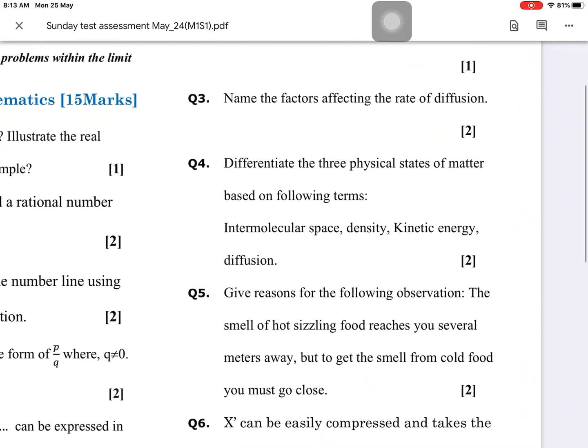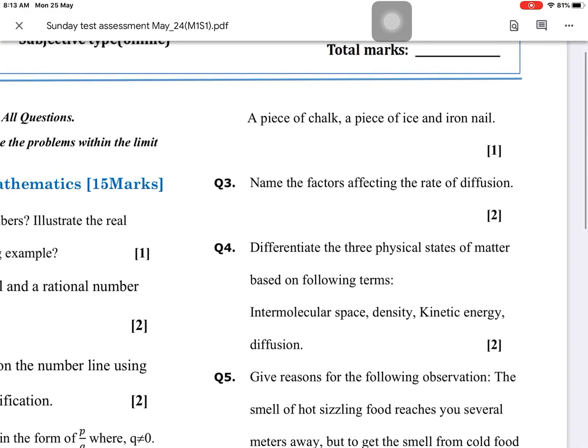Now question number 3: name the 4 factors affecting the rate of diffusion. Name the factors is what is asked. So what are the factors here? In the summer, a smell can spread and reach you very fast, but in the winter you get less. So the first is temperature. Second, humidity is also there, and wind speed.